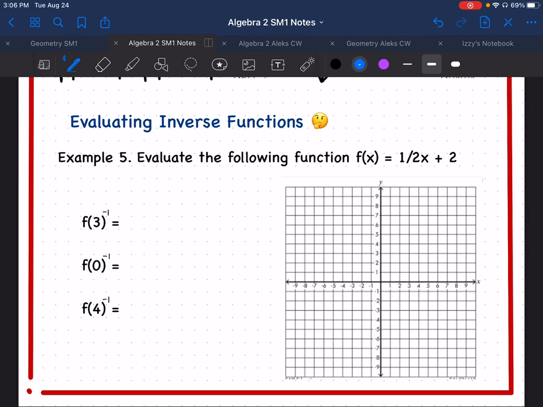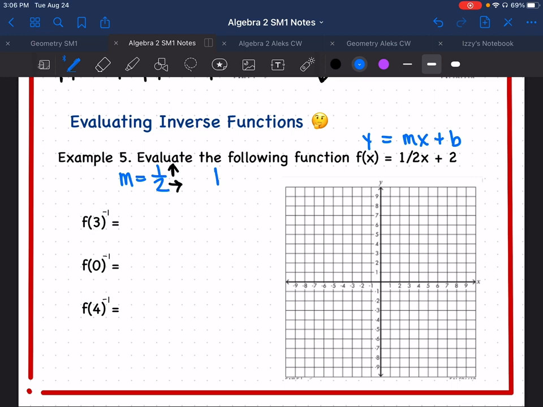Remember, I can always think of it in terms of y equals mx plus b. So my m is going to be 1/2. I'm going to move 1 up and 2 to the right, or I can switch it, 1 down and 2 to the left.